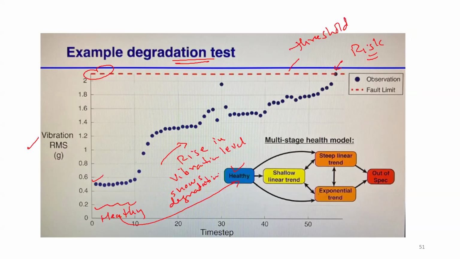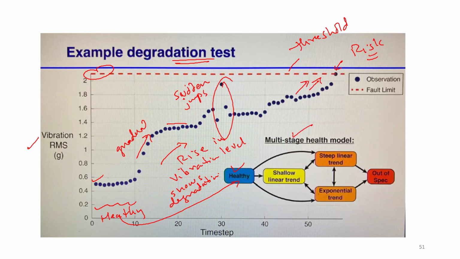Sometimes it plateaus, sometimes it is gradual, like here, and sometimes we see a sudden jump. And they are all culminating towards the fault line.